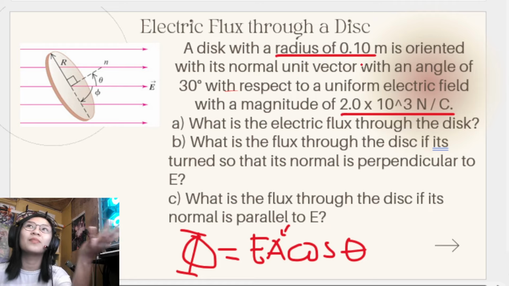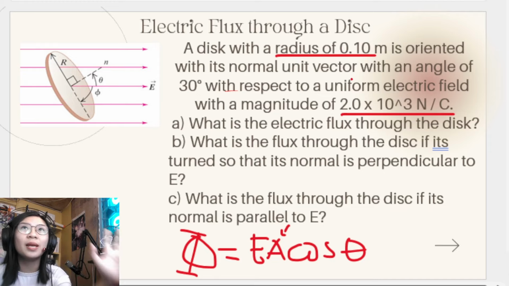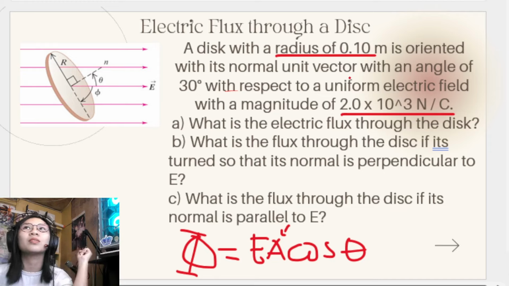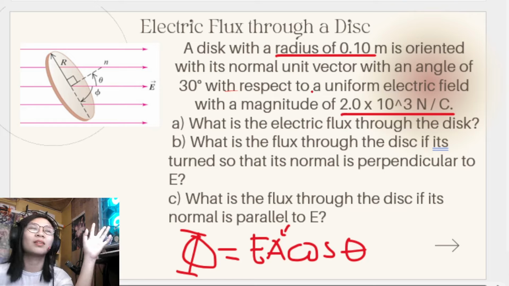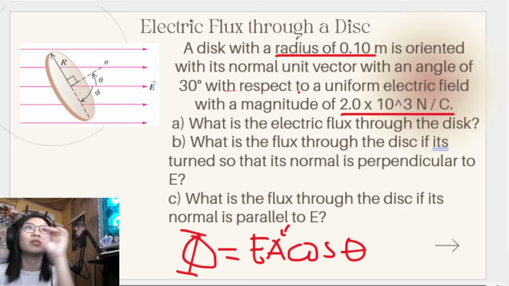At this time, you should know the formulas for the basic shapes. Okay, so basic shapes like rectangle, square, pyramid, or pyramid is a closed surface, so okay. Triangle, rectangle, square, circle, disc.